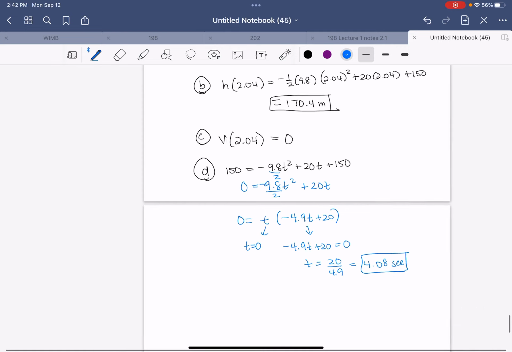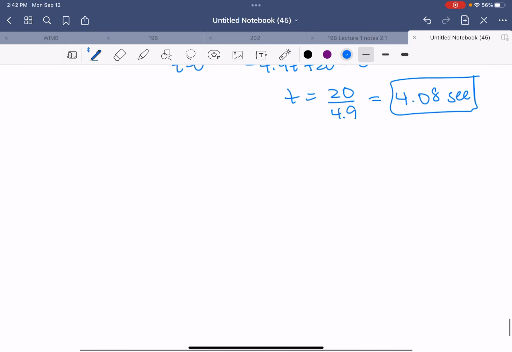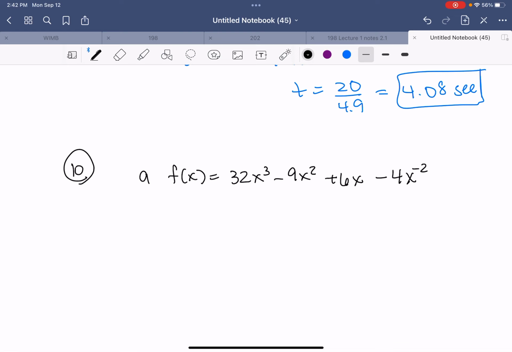Okay. So that is number 9, and that's kind of our application to physics. And then lastly, number 10 is our antiderivative, so I want to capture these quickly. So for letter A, you have f of x, 32x cubed, minus 9x squared, plus 6x, minus 4, and I'm going to write it right away as x to the minus 2, plus 9x to the 1/2, right?